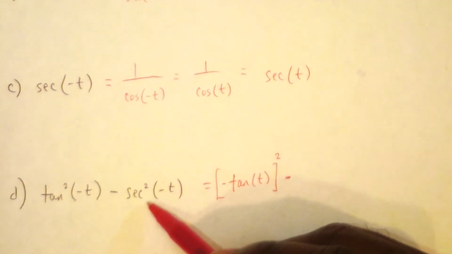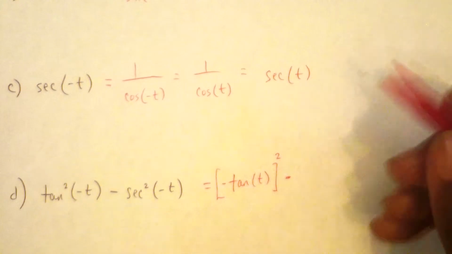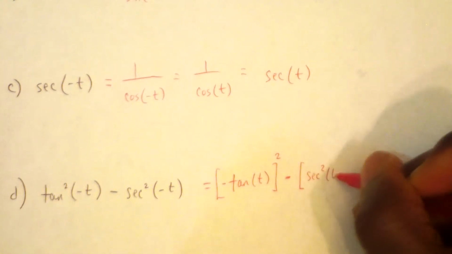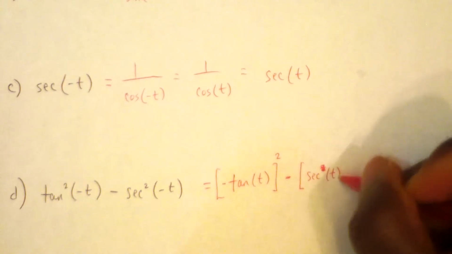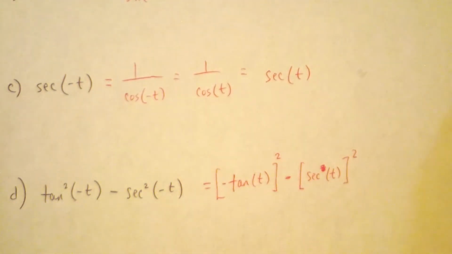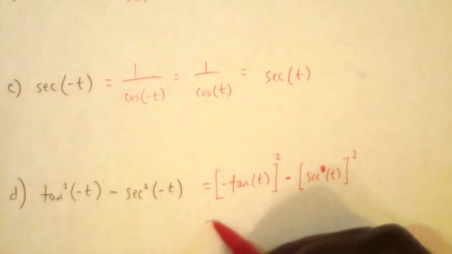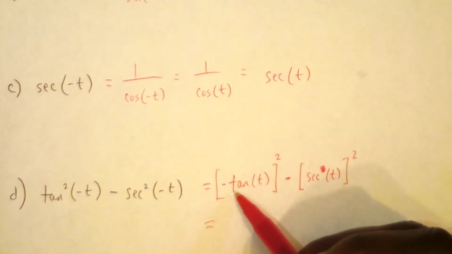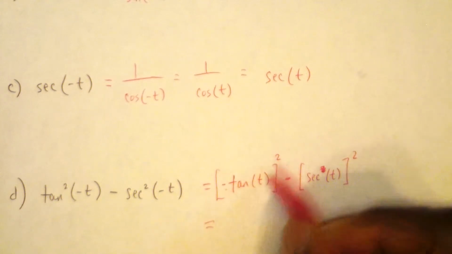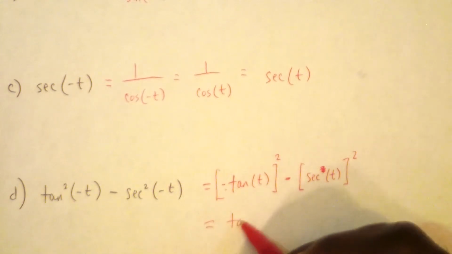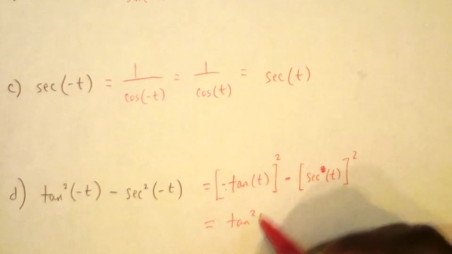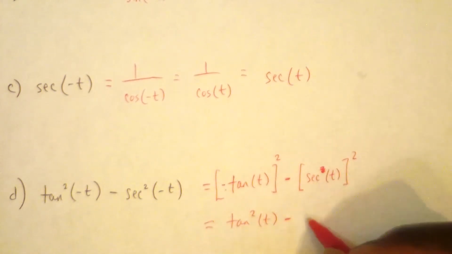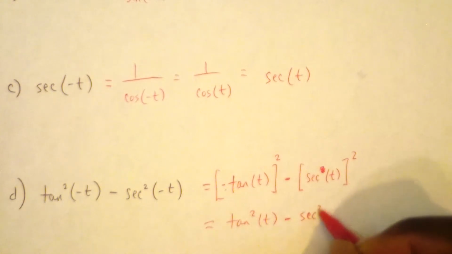And we know secant is an even function, so if we rewrite that, this is just secant squared of t. Anything negative squared is still going to end up being positive. And then we have minus secant squared.